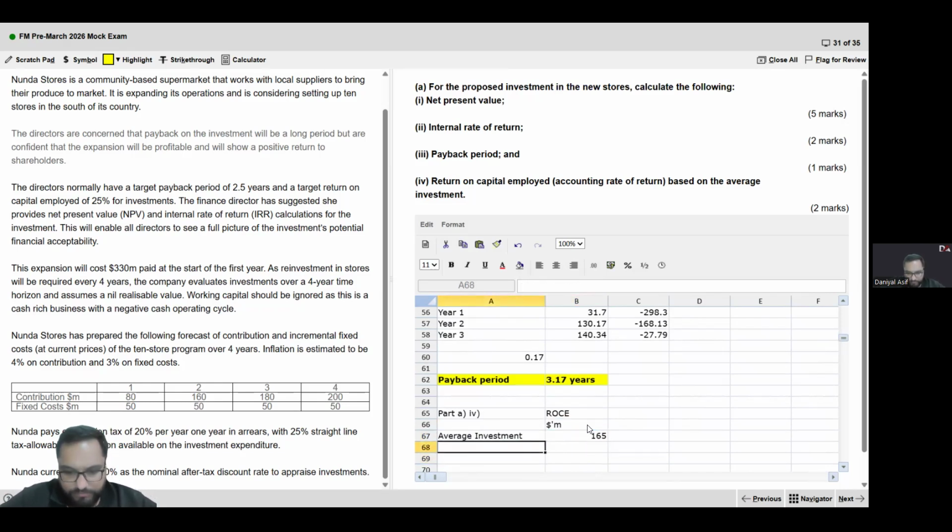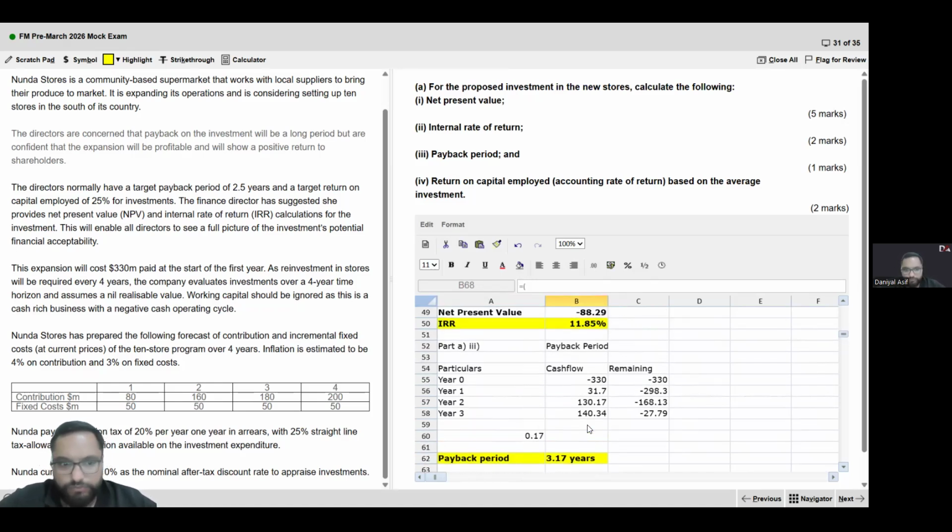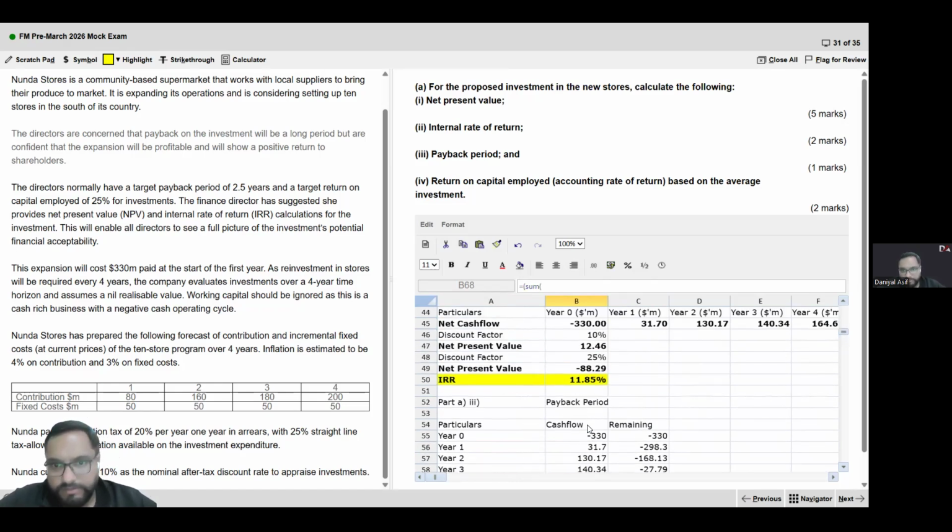And what is our average profit? It is equals to total operating cash flow minus total depreciation. So our total operating cash flow is equal to sum, bracket open, sum, bracket open.